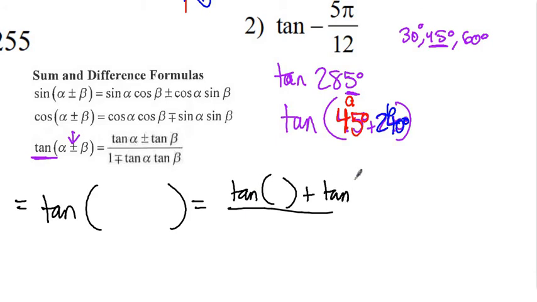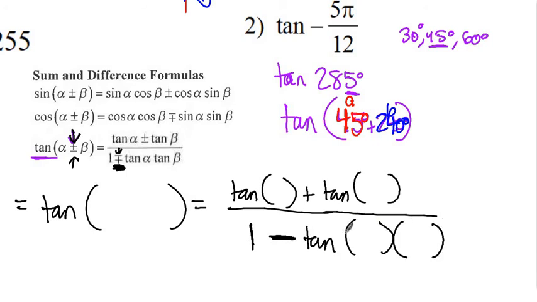One thing I want to point out, on the bottom of this right here, hopefully you can see the minus and plus is upside down. That means if you're using tangent of plus, the bottom one has to be a minus. If you're using tangent of two angles minus, the bottom one would have to be a plus. So we're going to use minus because that's how they structure that formula. It's basically the opposite of what you're doing. If you're adding, then the bottom is minus. Whatever's on top is what's going to determine it.